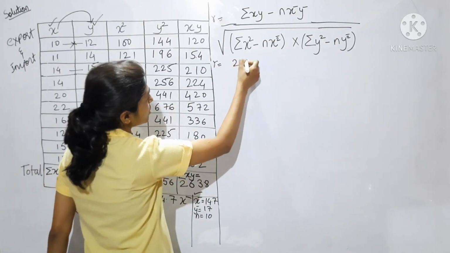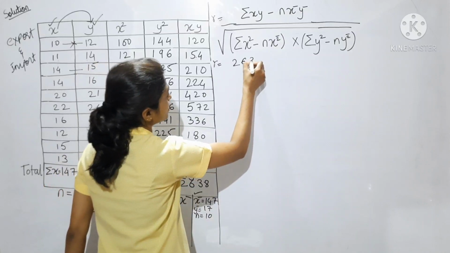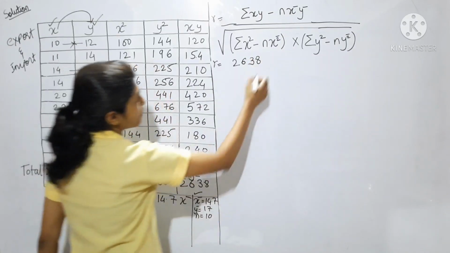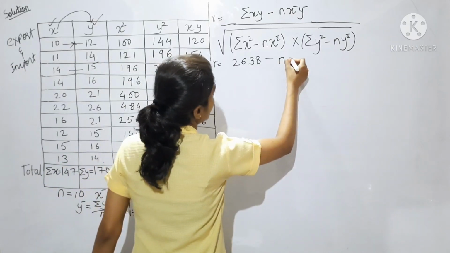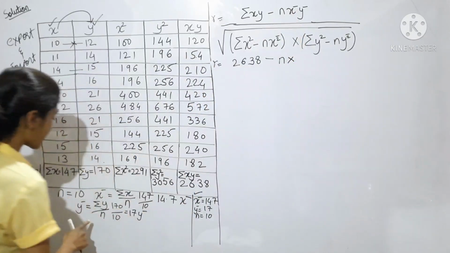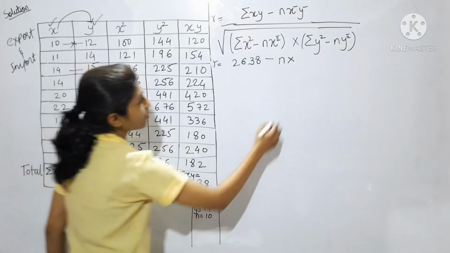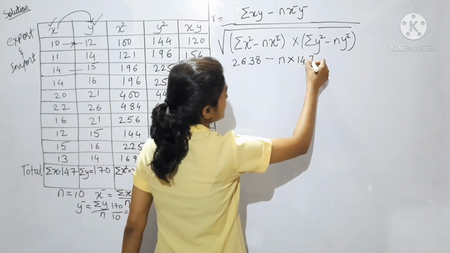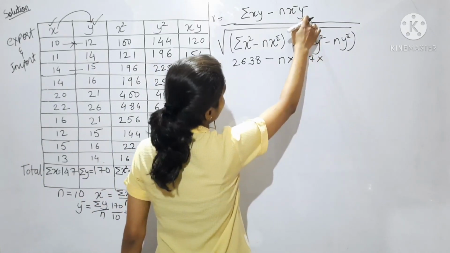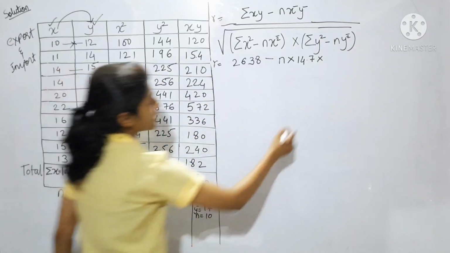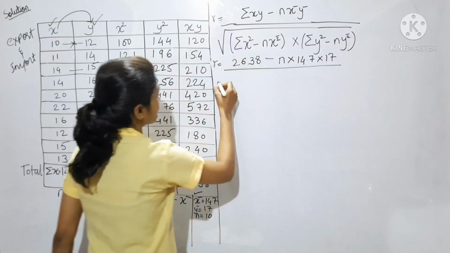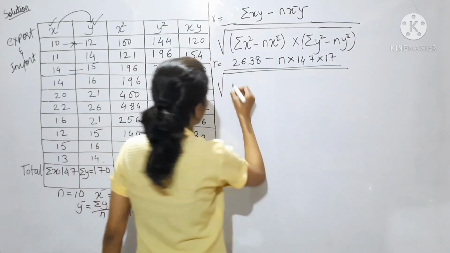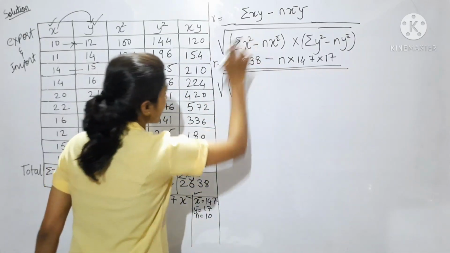So 2638 minus n, which is 10, the number of observations, multiplied by x bar, which we have got as 14.7, multiplied by y bar. Y bar is 17. Divided by the square root sign, bracket, summation of x square.